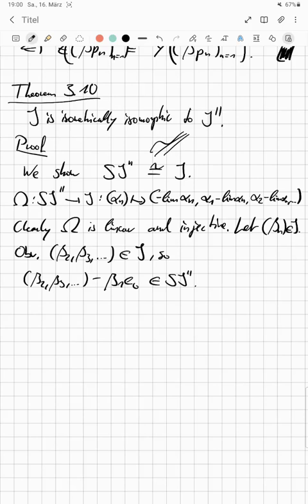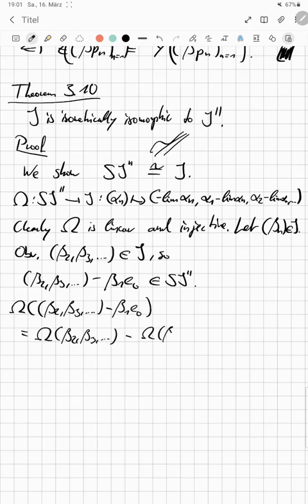And now we can calculate omega of this sequence, per linearity, to be omega of (beta_2, beta_3, on) minus omega of the constant beta_1 sequence, not norm.